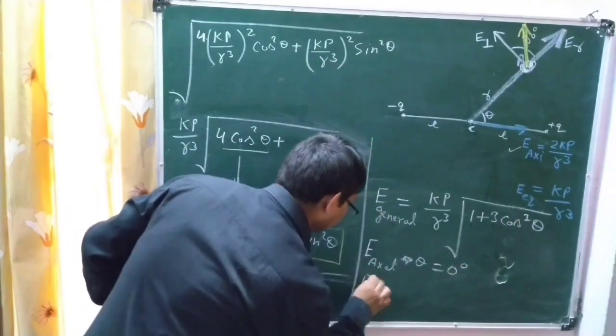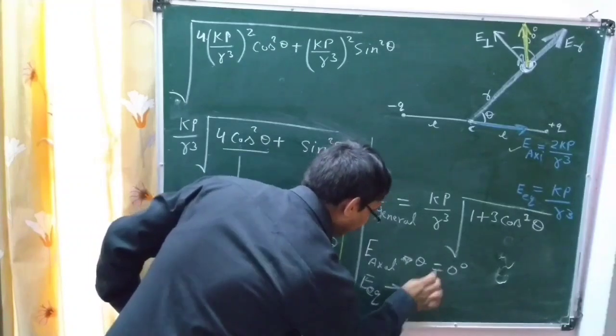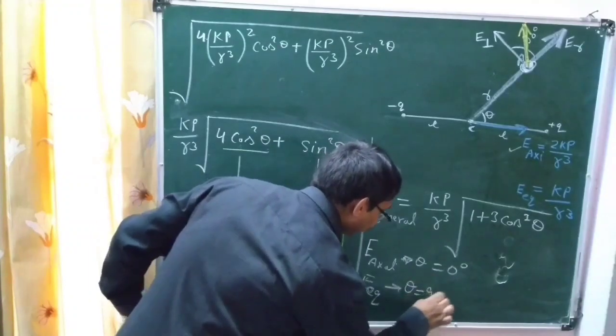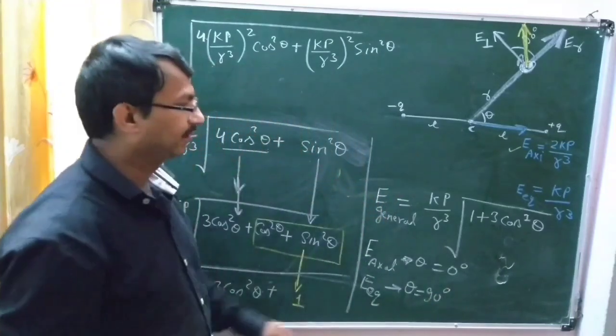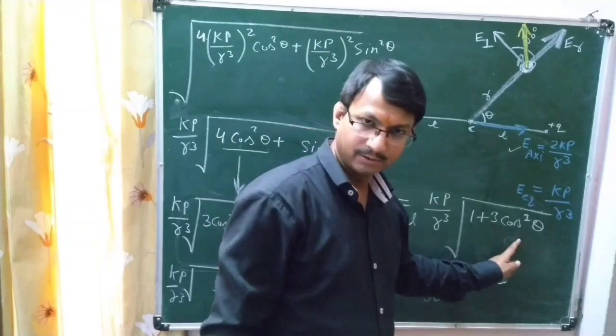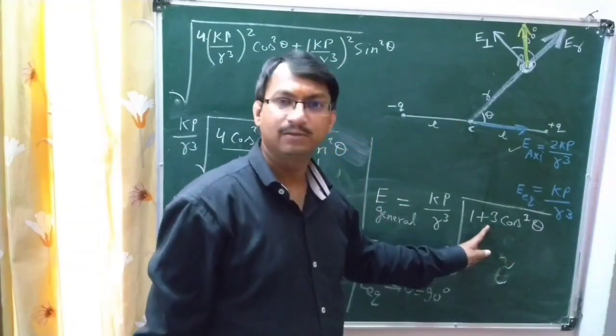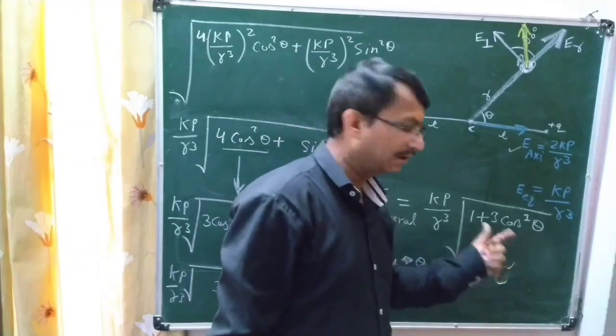And at the equatorial point, theta becomes 90 degrees. See what happens on putting theta equal to 90 degrees here. Cos 90 equals 0, 0 square is also 0, 0 into 3 is 0, and 1 plus 0 equals 1.